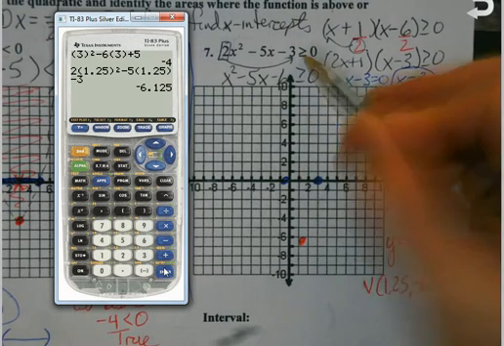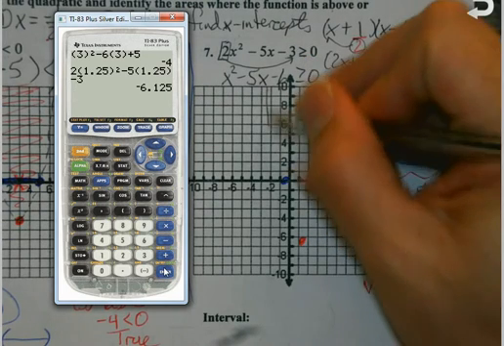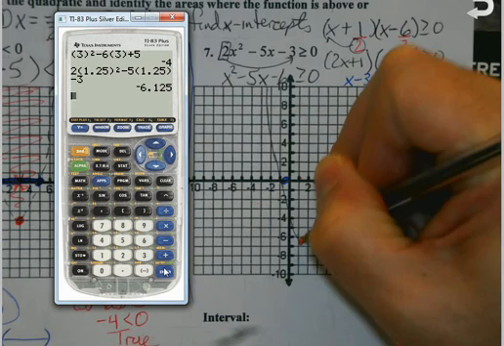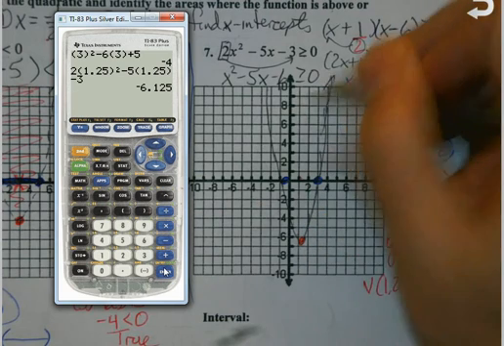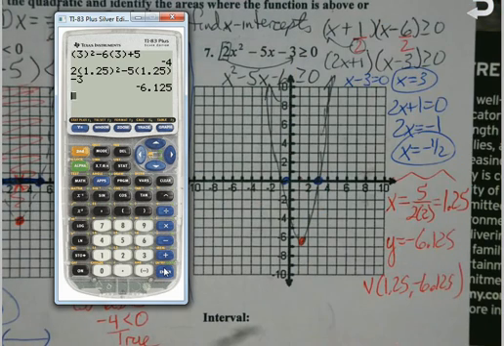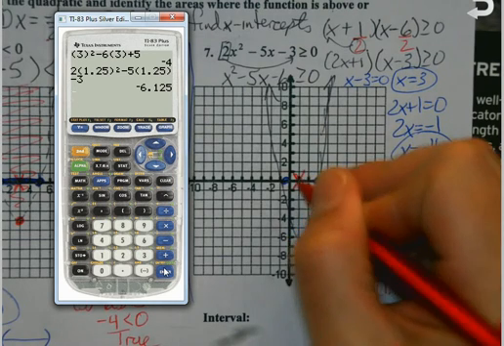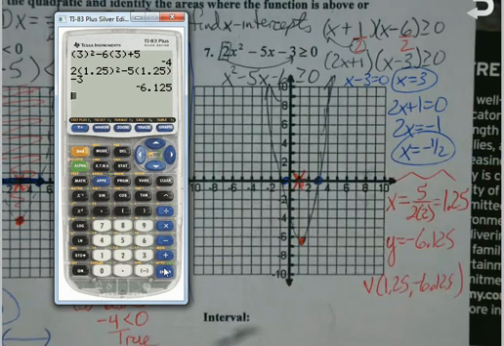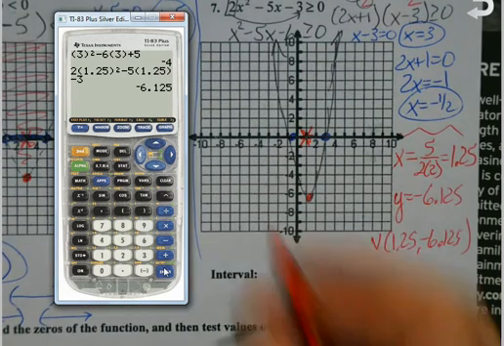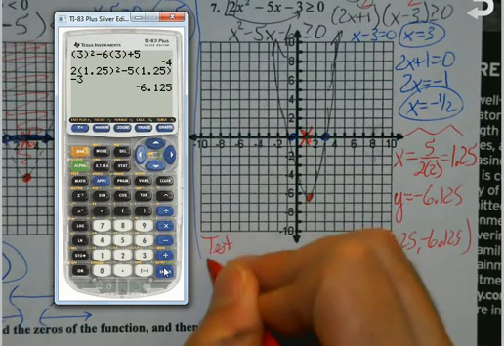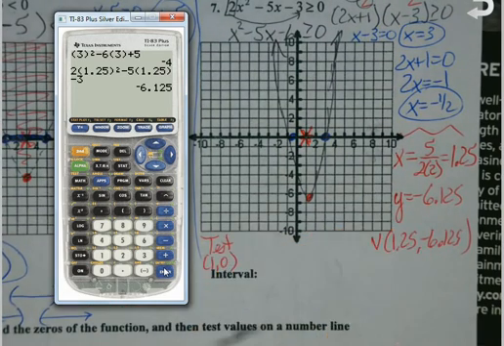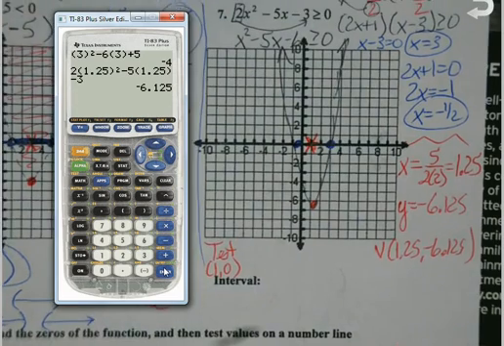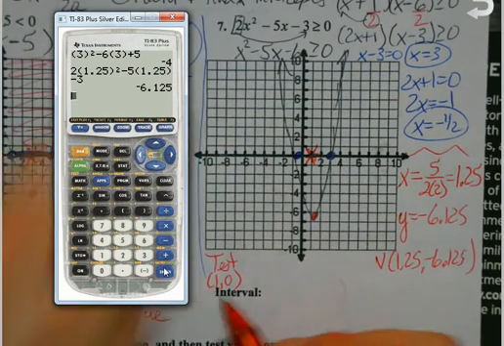It's solid. I'm looking for my test point. I'm going to find me a safe one. That looks safe. 1, 0. And again, I'm going to plug the 1 in where the x's go.